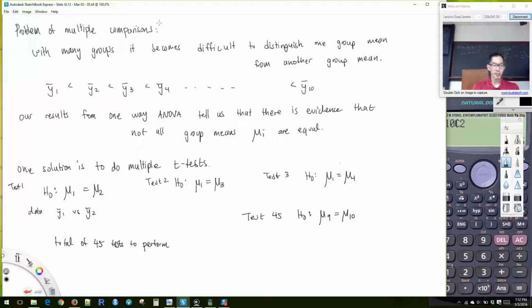The problem is, think about every time we do a test, let's say we used alpha equal to 5%. What is alpha? Alpha is the probability of what kind of error? Type 1 error. Thank you. Yes, so alpha is the probability of type 1 error. And what is type 1 error?